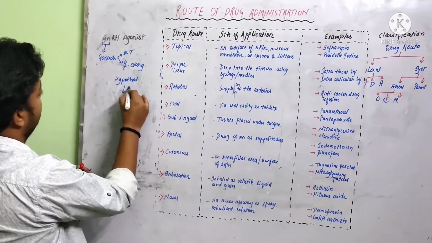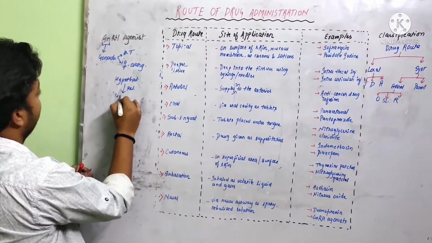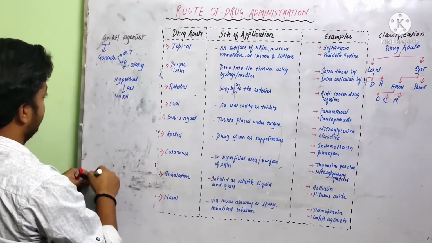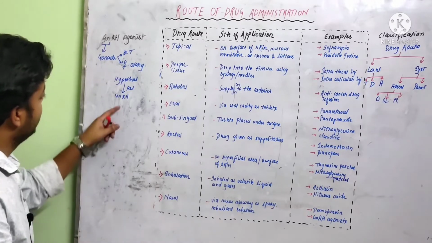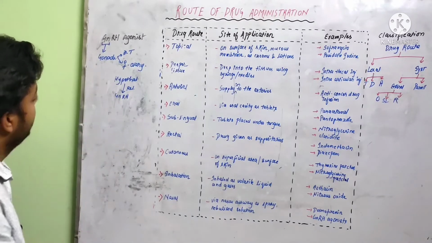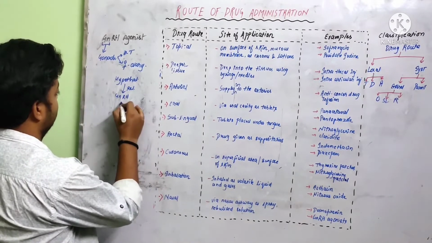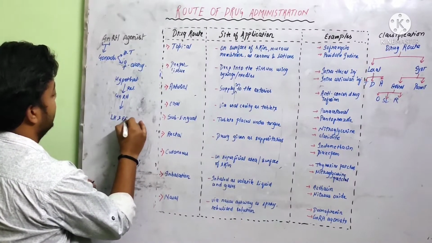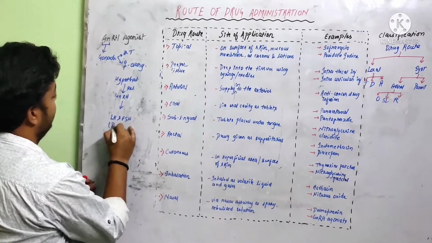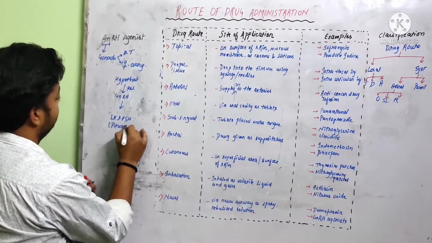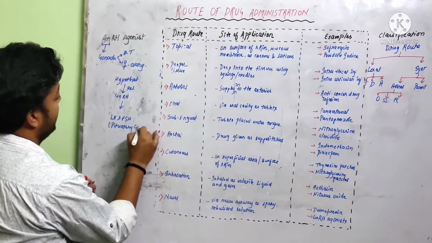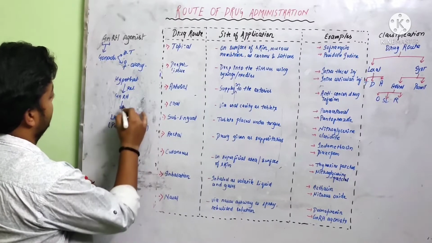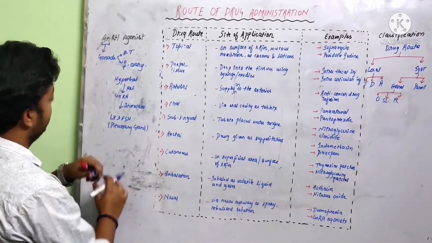So we say release of GnRH. Now as GnRH is released, it stimulates the release of LH and FSH from the pituitary gland.